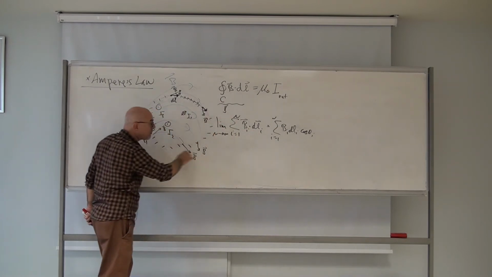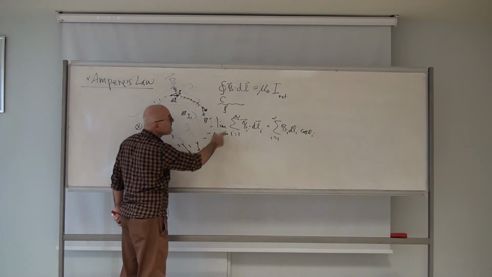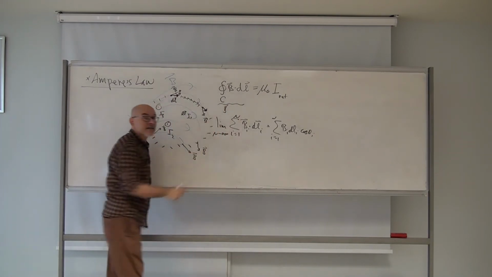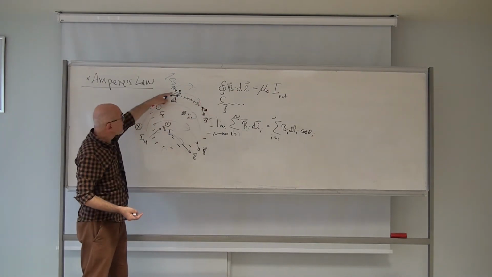When you sum them up all together and take the limit as n goes to infinity, then you are getting this line integral.